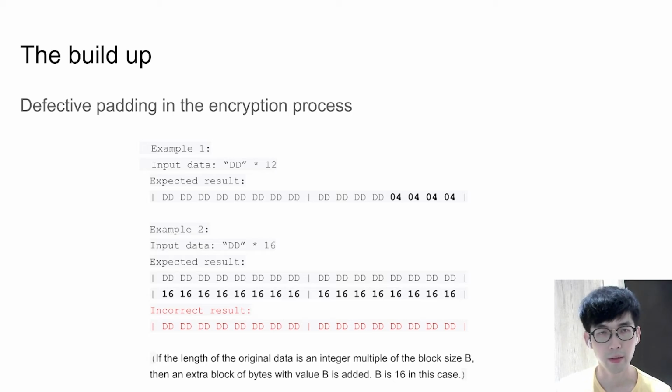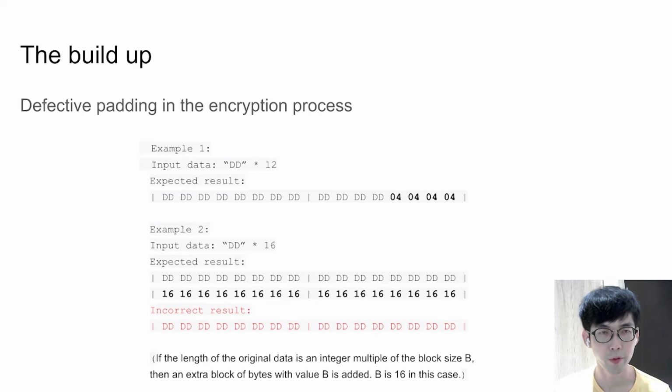In the other case, the data size is 16 bytes this time. What should we do? We still have to add padding. This time, we add sixteen 16s at the end of the data. It already satisfies the rule. Why should we do that, you may ask?